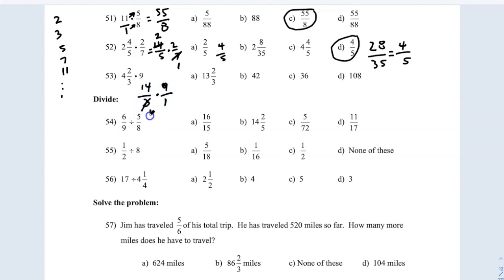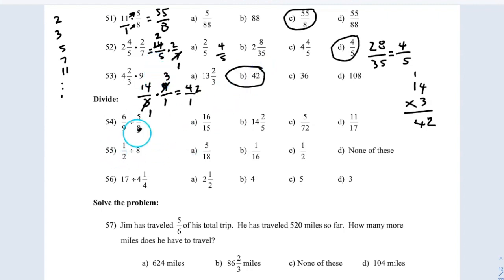Divided by 3 is 1, divided by 3 is 3. Now on the bottom I only have 1 times 1, which is 1, and at the top is 14 times 3. 3 times 4 is 12, carry 1. 3 times 1 is 3, and 1 is 4, so it's 42. 42 divided by 1 is?